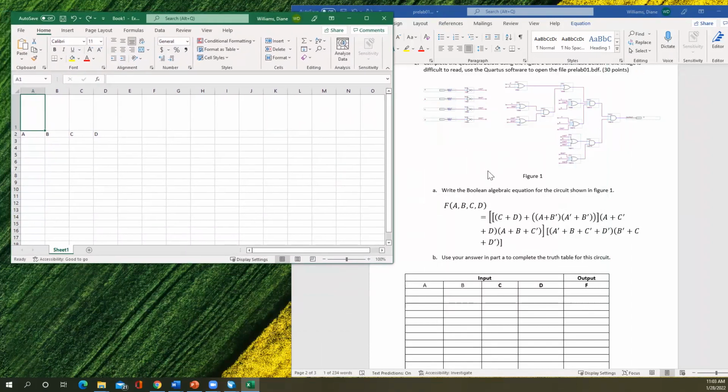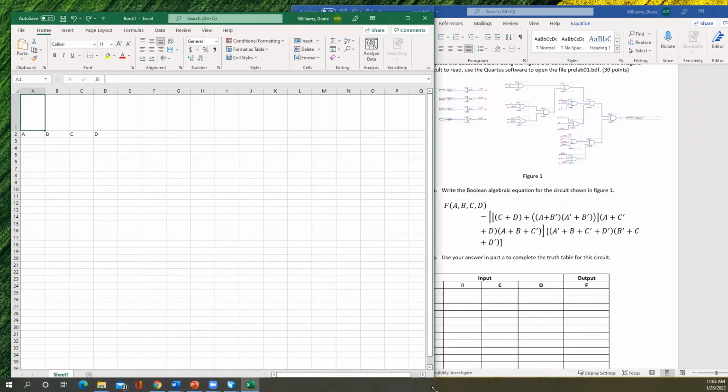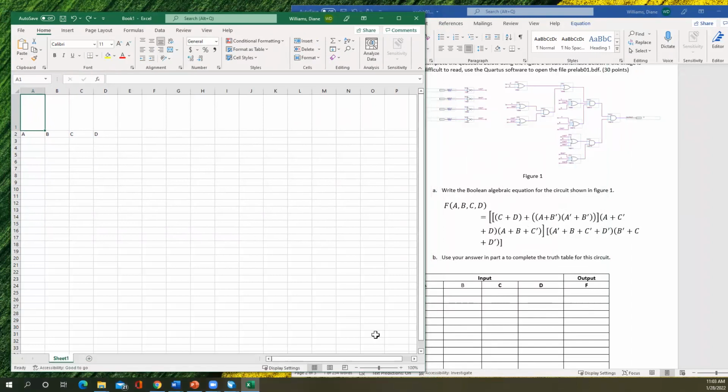All right. What I'm trying to get to is that you could solve these terms individually and come up with your final truth table. Let me make the text much bigger.